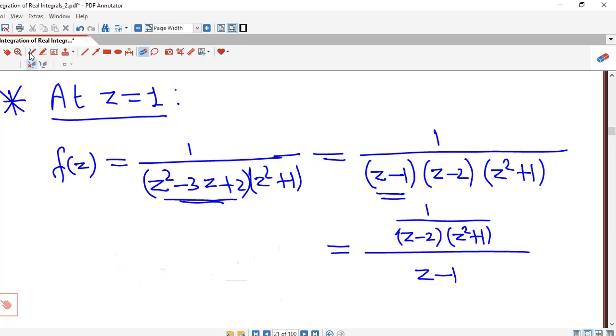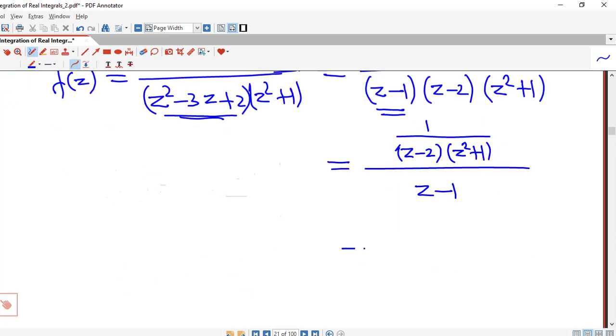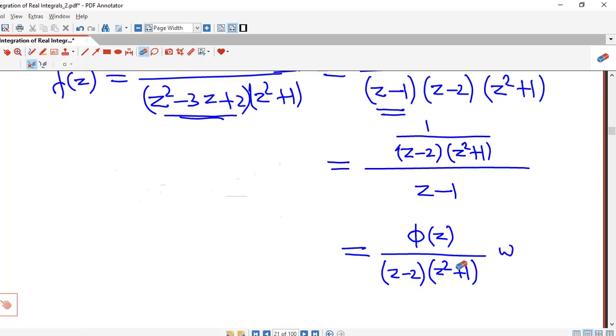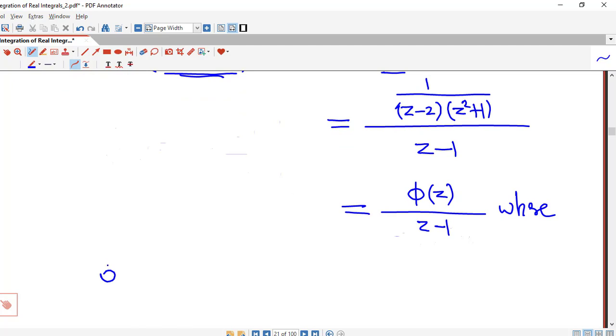So it is clear that this function phi is analytic at z equal to 1. Phi of z is a rational function. It is not analytic at points where z minus 2 and z square plus 1 are 0. So f of z is phi of z over z minus 1, where phi of z is 1 over z minus 2 times z square plus 1.